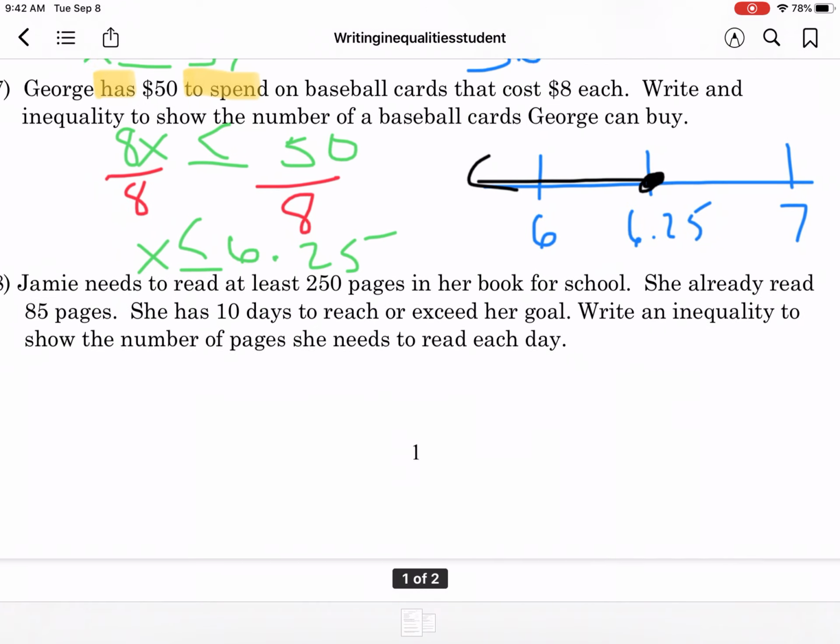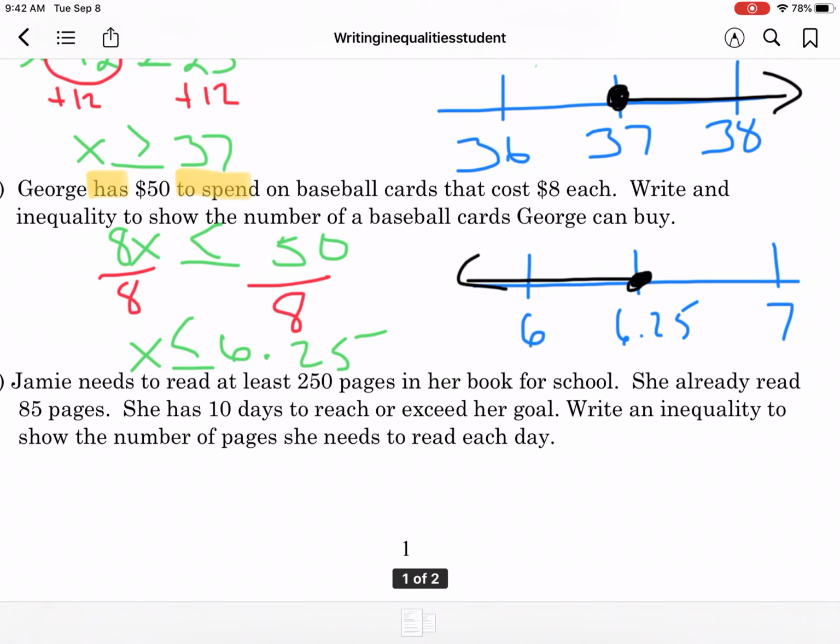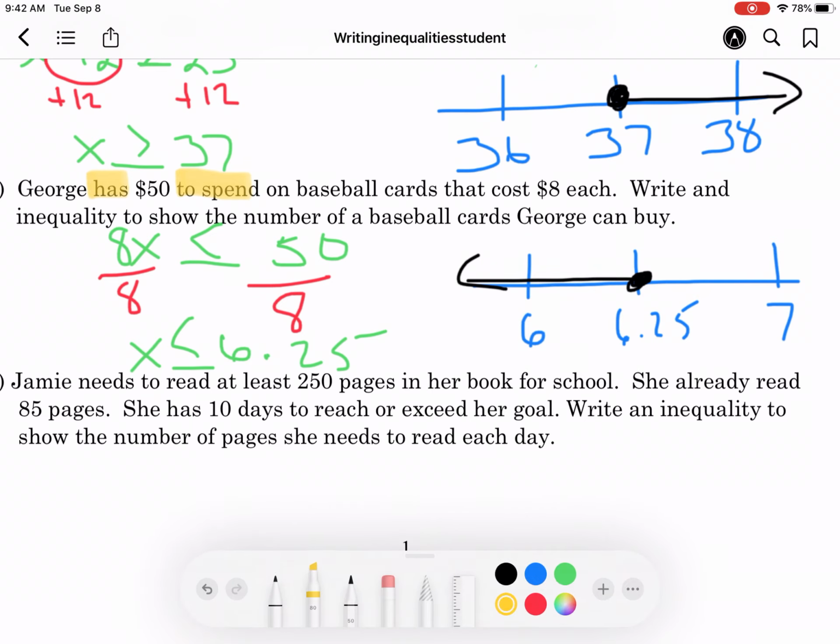Okay, and let's do our last one. Jamie needs to read at least 250 pages in her book for school. She already read 85. She has 10 days to reach or exceed her goal. Write an inequality to show the number of pages she needs to read each day. So there's a couple of things that are tricks here that'll help you out.